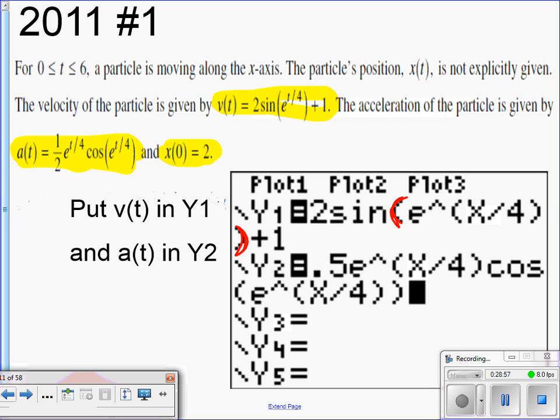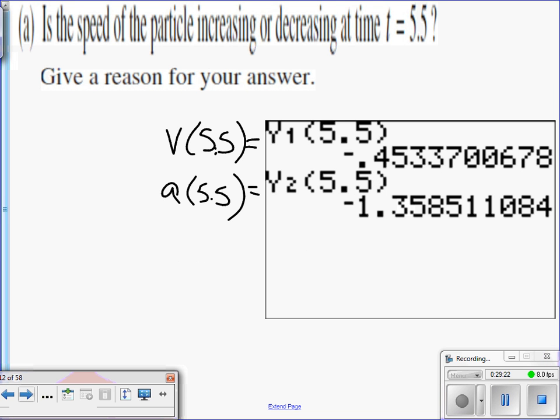If you didn't close it after the 4, it's like you put the e to the x over 4 in an extra set of parentheses. But the thing is, with that first one, you want to just see if they have the same signs. And once you've entered your function correctly in y1 and y2, don't risk entering it in wrong again.